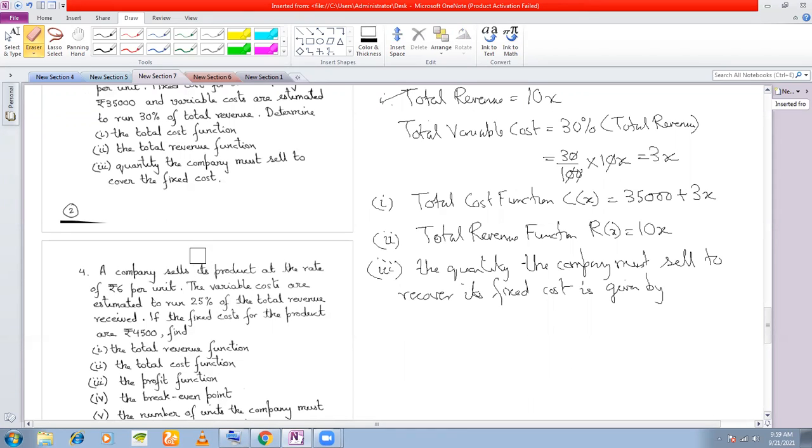The quantity the company must sell to recover its fixed cost: fixed cost is 35,000, and revenue function 10X is equal to fixed cost. Now this is okay. If you see the phrase, fixed cost is there, not the total cost. 10X is equal to 35,000 for the fixed cost. So therefore X is equal to 3,500 units. Okay, so that is your answer.